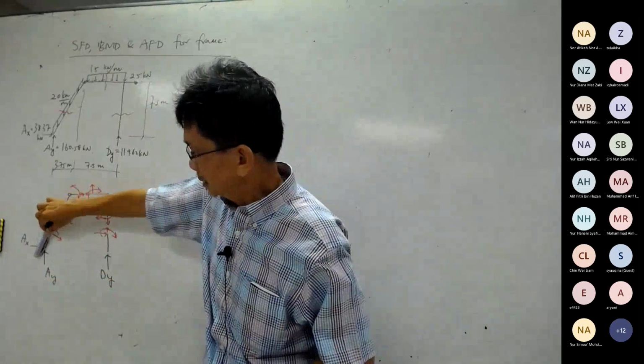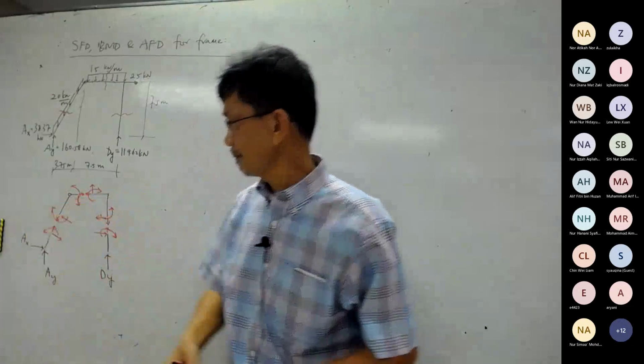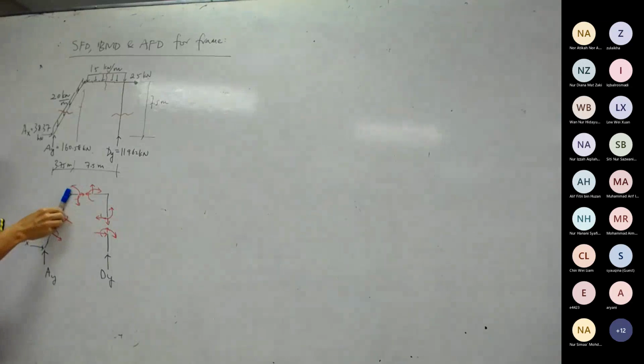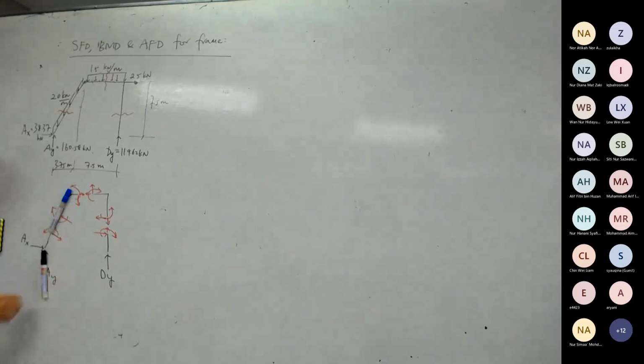Following the member here, the direction is like this. The direction of axial force is like this, following the members. But your reaction forces are like this. One is like this. The other one is like this.